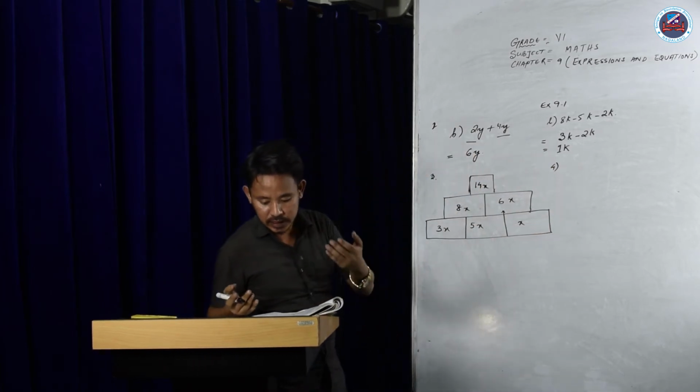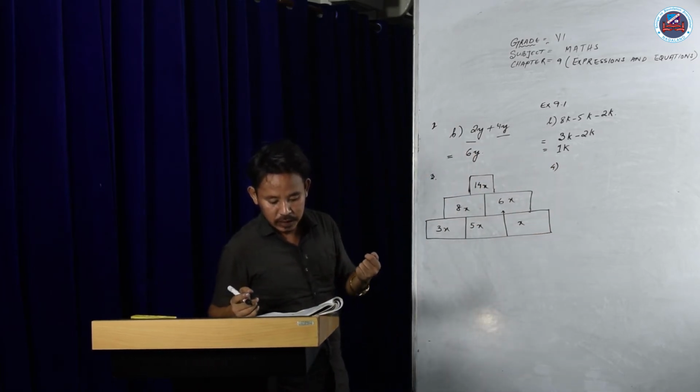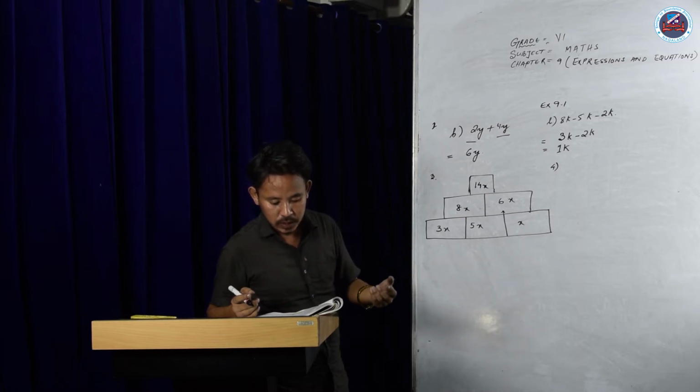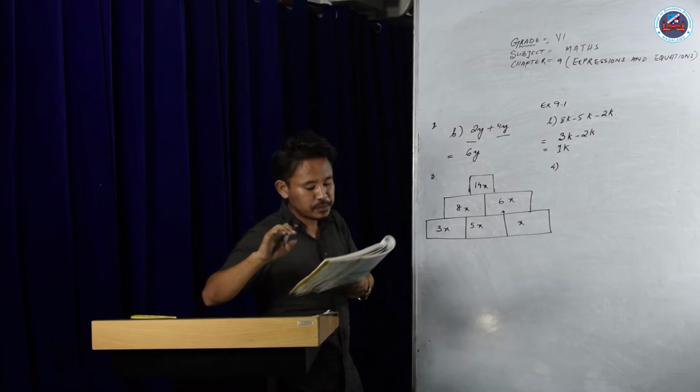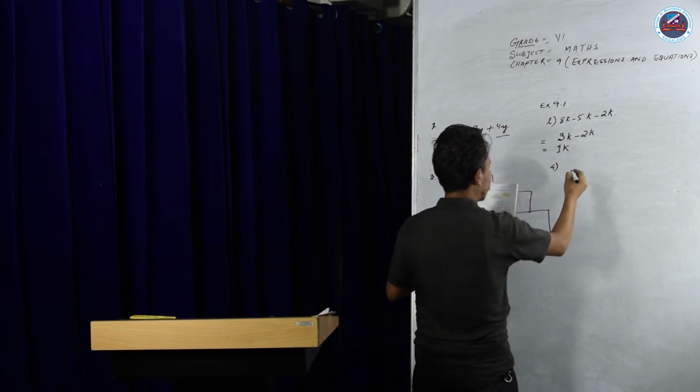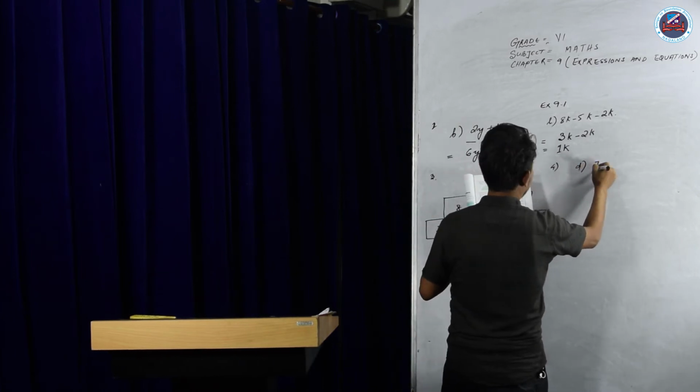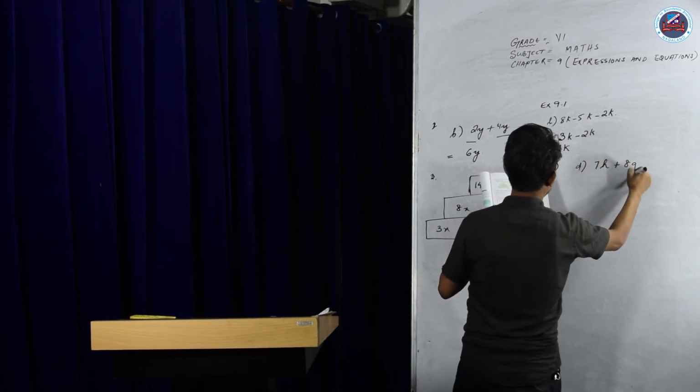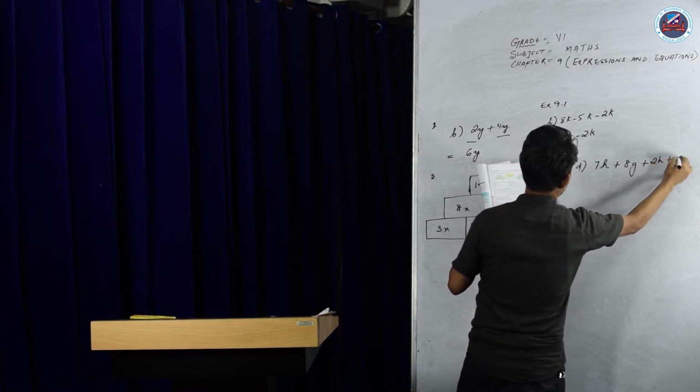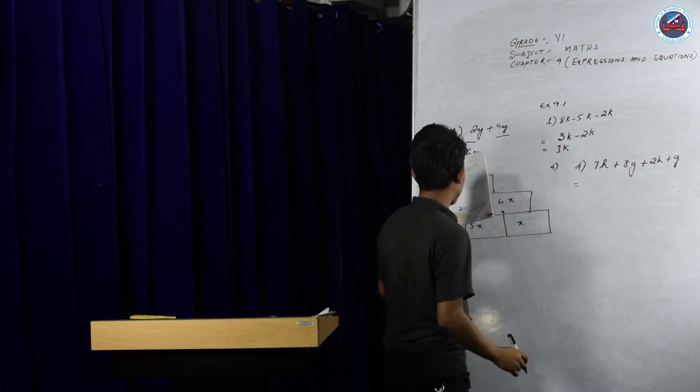In question number 4, you can see there are quite a lot of questions here. So let me just do one or two sums. I'll do D, that is 7h plus 8g plus 2h plus g. That's one.